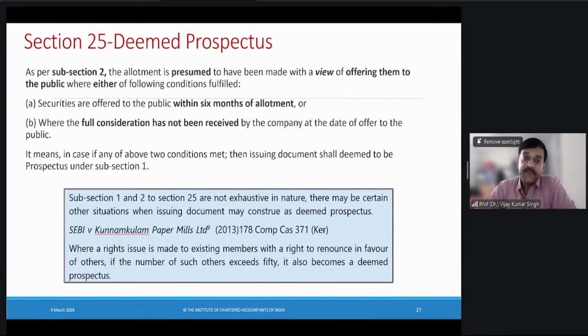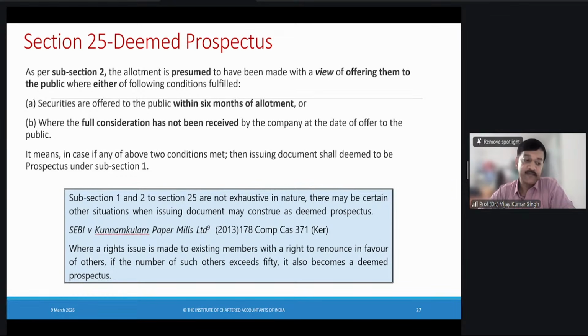So section 25 talks about deemed prospectus, and as per subsection 2, the allotment is presumed to have been made with a view of offering them to the public where any one of the following conditions is met. First, securities are offered to the public within 6 months of allotment.